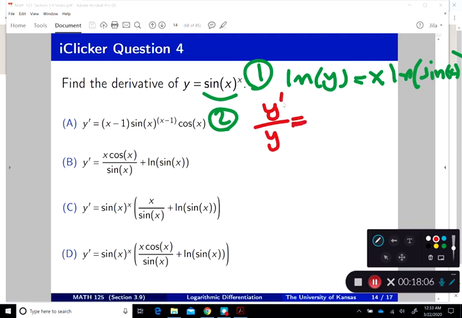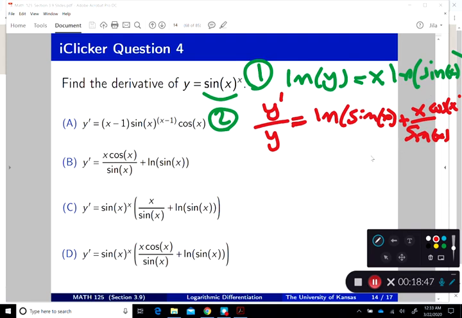And this is equal to, over here I have a product rule: derivative of the first, plus first times derivative of the second. Derivative of the second: the outside function is ln, so I will have 1 over the inside times the derivative of the inside, which is cosine x.